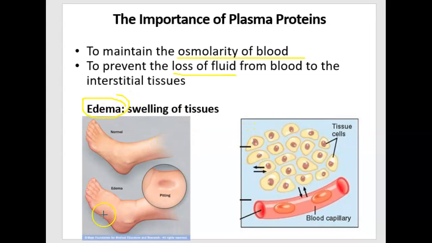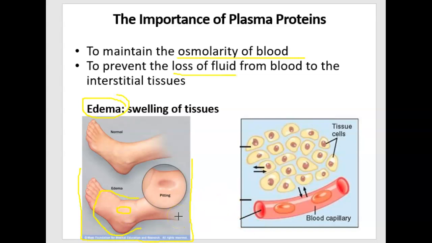You can see a picture of this person's foot on the bottom. The ankle looks swollen and the foot looks swollen, but we also can call it pitting edema, P-I-T-T-I-N-G, because a pit forms if you press your thumb against that swollen tissue, like right there.